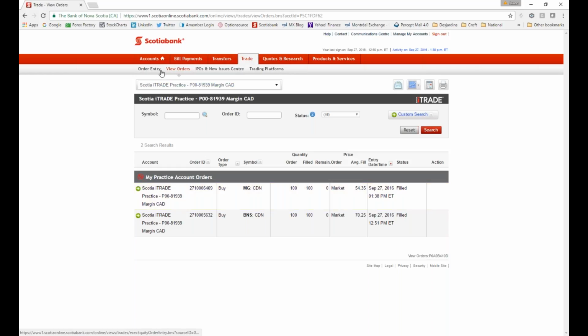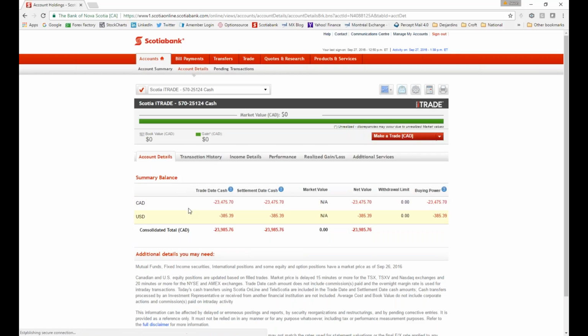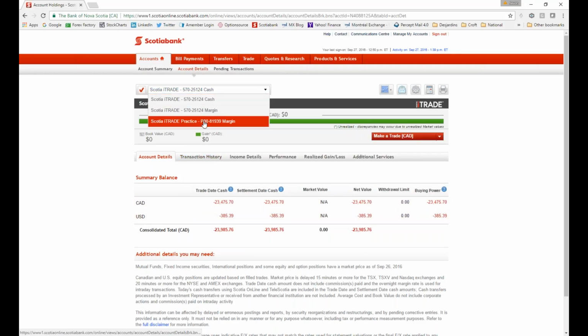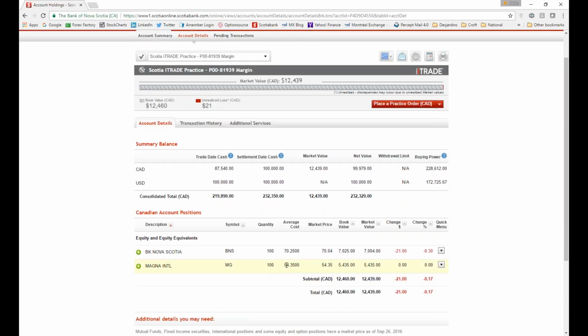I'm going to take a look at my account first, just to see where those shares are sitting within that portfolio. Bear with me one second. Okay, so here's our Magna sitting in there. We've got 100 shares. So we just purchased those shares.